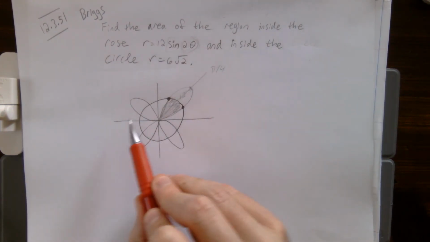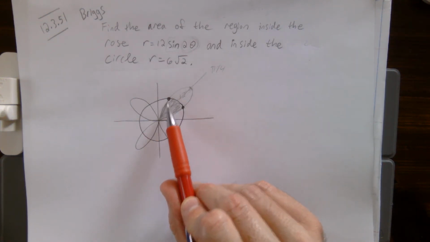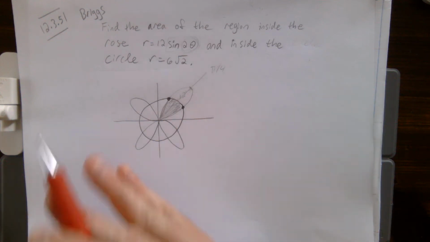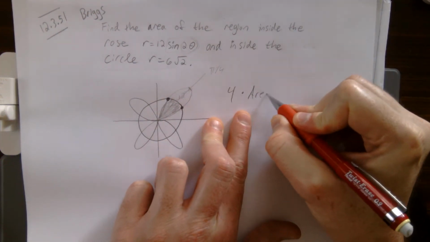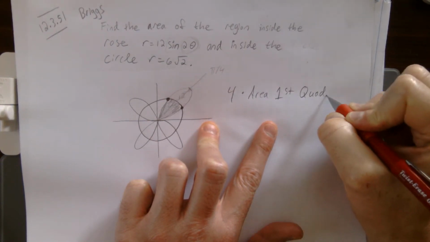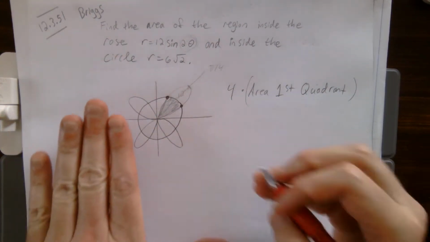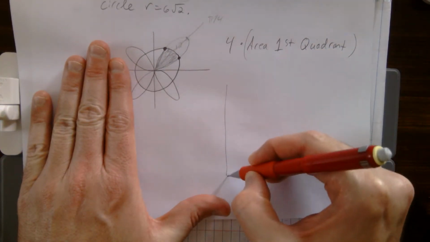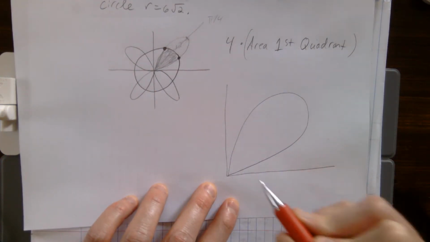But one thing we can see from this rough sketch is that we could calculate the area in the first quadrant and quadruple that. So 4 times the area in the first quadrant. And so now let's just look at the first quadrant.